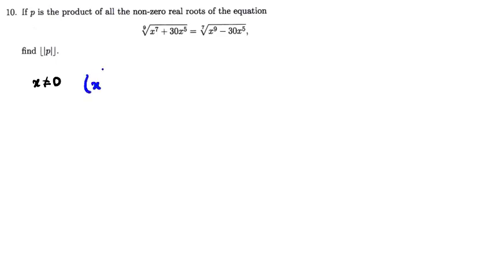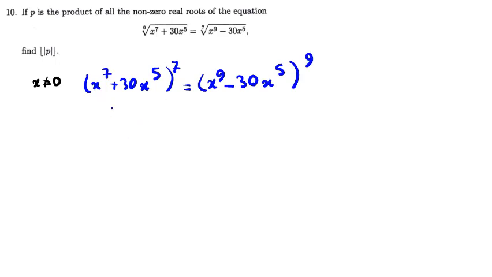We can say x^7 plus 30x^5, to the power of 63, it will be 7. So x^9 minus 3x^5 to the power of 9. And then we can factor x^5 to the power of 7, x^35. It will be (x^2 plus 30) to the power of 7.